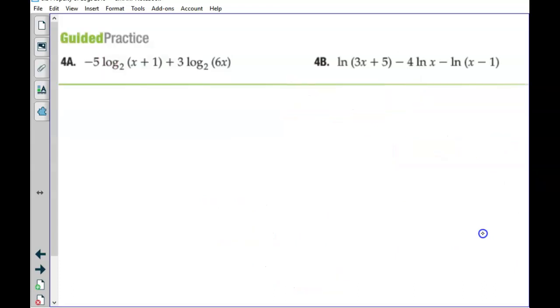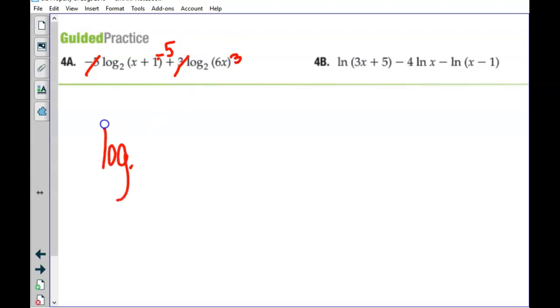Do you have these two? This is condensing. Oh my goodness, this is hurting my head. Where would this -5 go? Up here, which means it belongs in the denominator, right? And this 3 would go here.